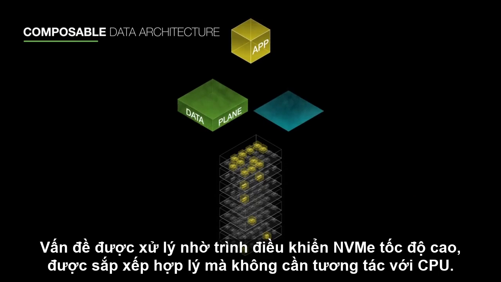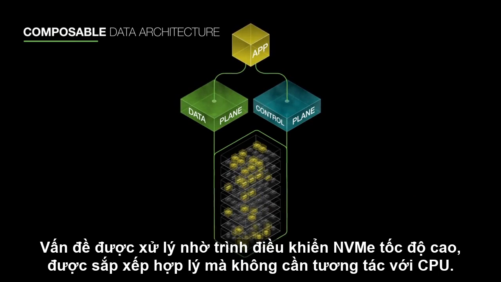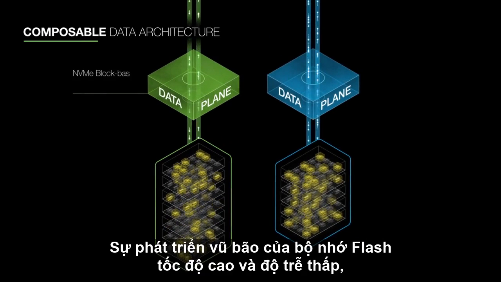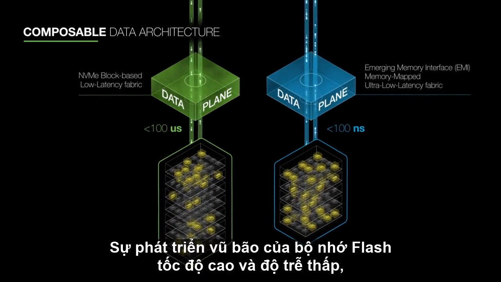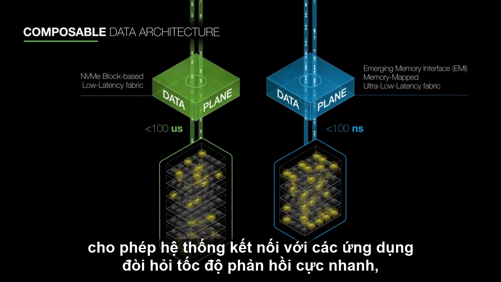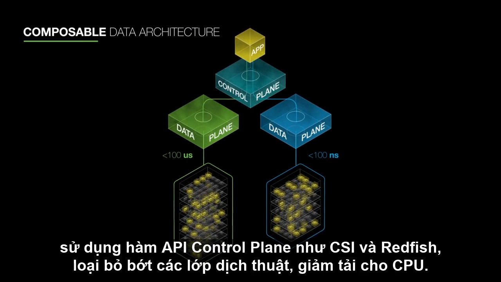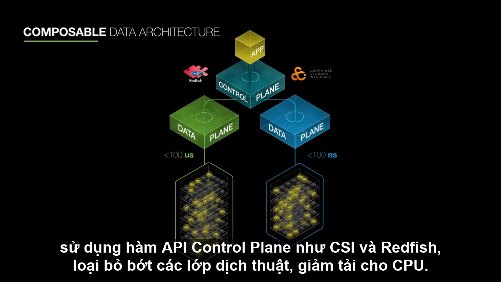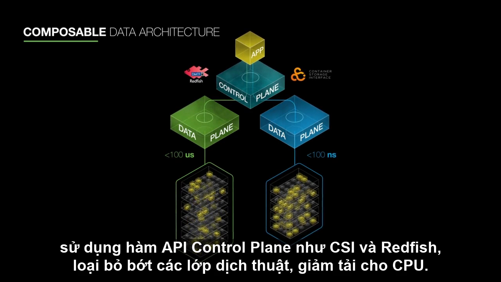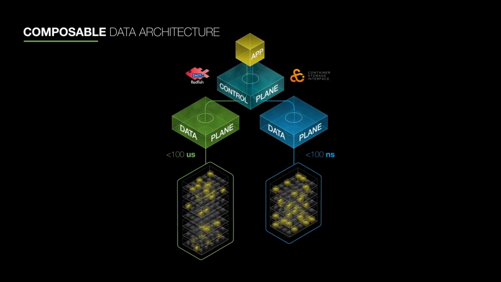This is solved by the introduction of streamlined standard NVMe driver connectivity that does not require CPU interactions, the emergence of memory-centric fabrics with ultra-low latency capabilities, allowing connections to extreme latency-sensitive composable devices, and the standardization of control plane APIs, like CSI and Redfish, that make it possible to avoid customized translation layers that require CPU translation overhead.